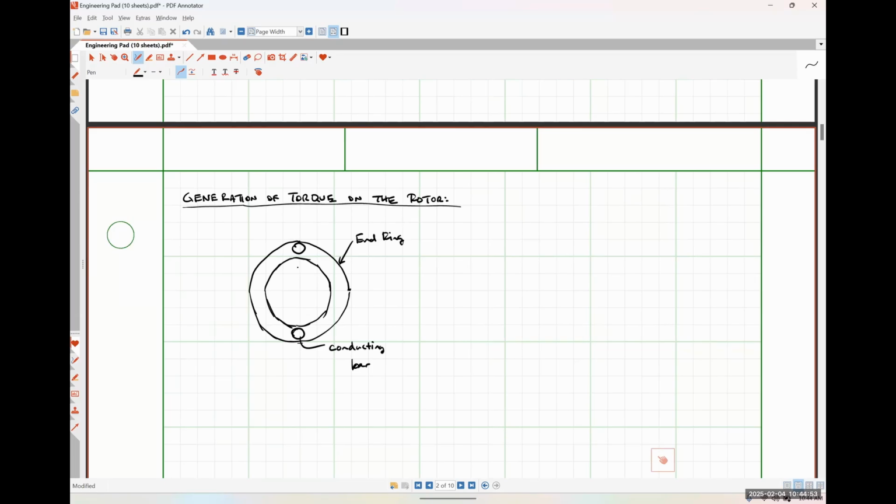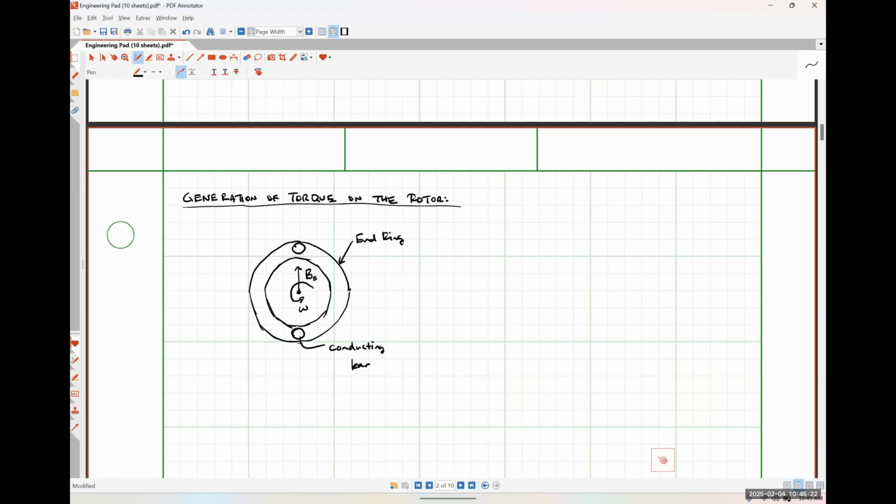And let's say, for the sake of argument, that the field that is generated from my stator, so that's B sub S for my stator field, is starting out aligned with our conducting bars, and it'll be rotating around in this particular direction with some angular velocity omega.